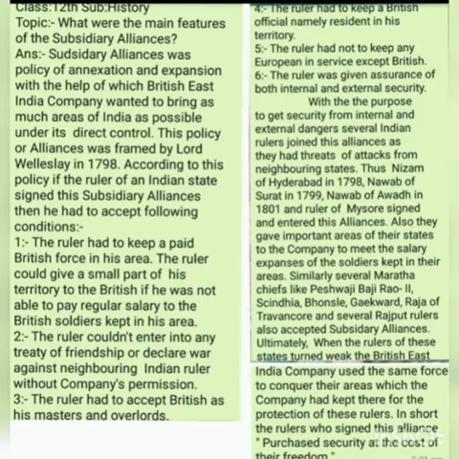Number 1, the first to sign the subsidiary alliance was the Nizam of Hyderabad in 1798, as he was afraid of the Marathas. He also gave the regions of Bellary and Kadapa to the British as compensation for the salary of the troops kept in his area. Number 2, in 1799, the Nawab of Surat was given pensions and was brought under subsidiary alliances. Number 3, the Nawab of Awadh signed the Treaty of Lucknow in 1801 and accepted subsidiary alliances, and he also gave the areas of Gorakhpur and Rohilkhand to the company.